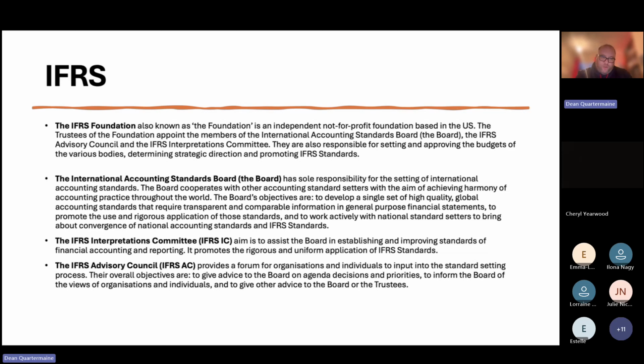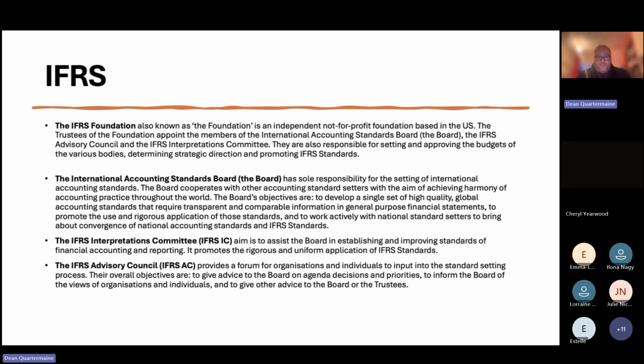Briefly then, the other two parts of IFRS: the Interpretations Committee, their aim is to assist the overall board, the Standards Board even, in the establishment and improvement of the standards of financial accounting and reporting, and it promotes the uniform application of the standards.